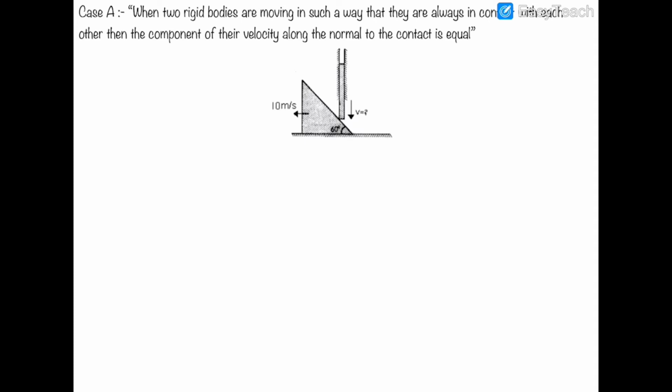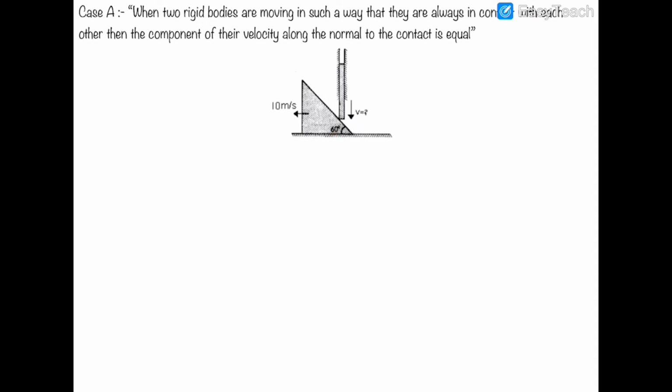So the rod will only move in y-axis due to its weight, and when the rod is released, then it is moving downwards. We have identified the velocity of the rod, and as the wedge is restricted to move only in x-axis, so it is moving in x-axis towards the left hand side with a velocity of 10 meters per second. This angle is 60 degree.